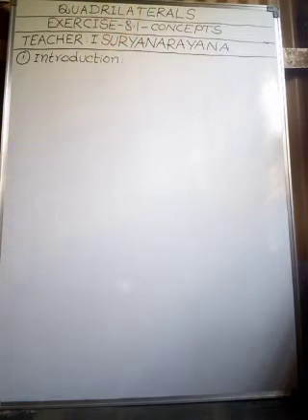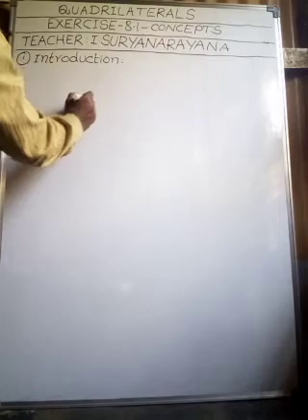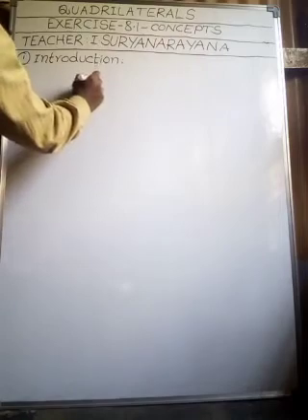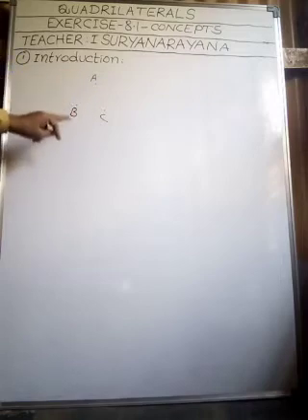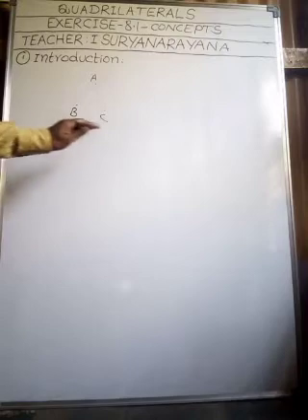In the previous chapters, six and seven, we have discussed the properties of triangles. You know that in a plane, if three non-collinear points are there, namely A, B, C, non-collinear means they are not lying on the same line.